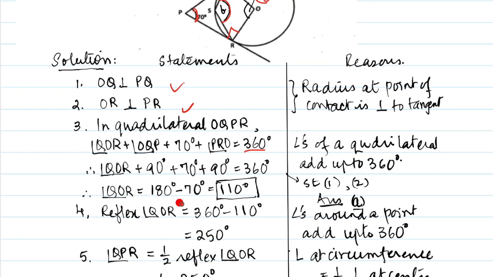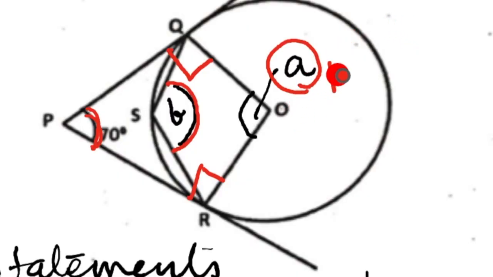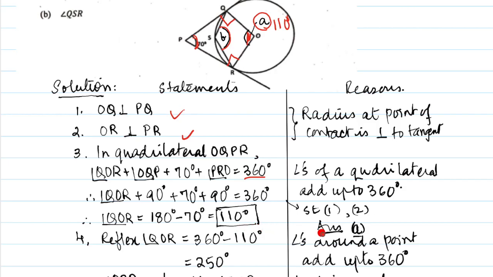Then by simple calculations, your QOR turns out to be 110. So this is your 110 degrees, this one over here. Okay, and that is our answer 1.